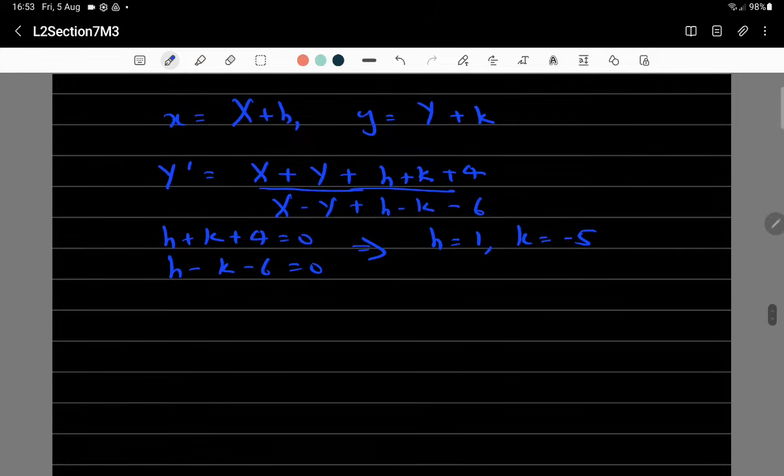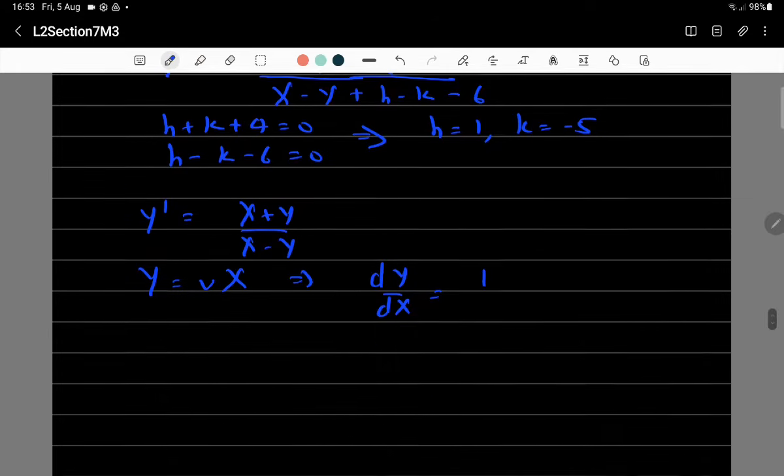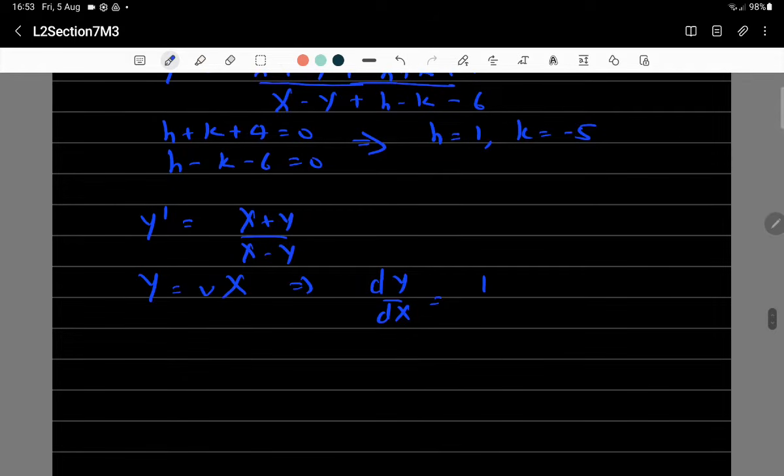So for h is equal to 1 and k is equal to minus 5, you can say that the given differential equation becomes (x plus y) by (x minus y). Now substituting y is equal to vx, you will get dy by dx is equal to v plus x dv by dx, and which is equal to (1 plus v) by (1 minus v).